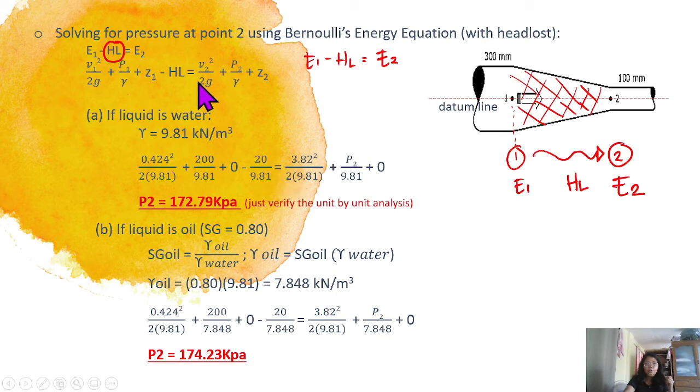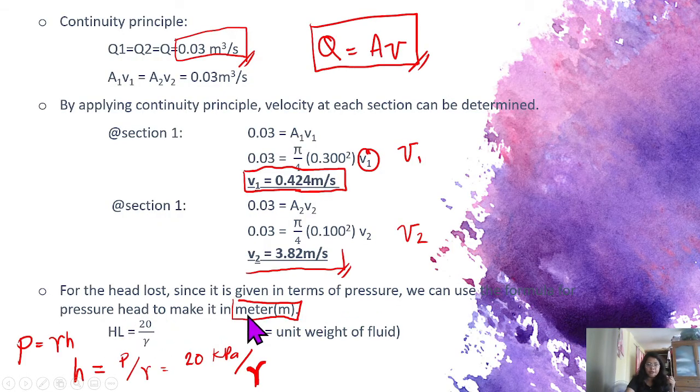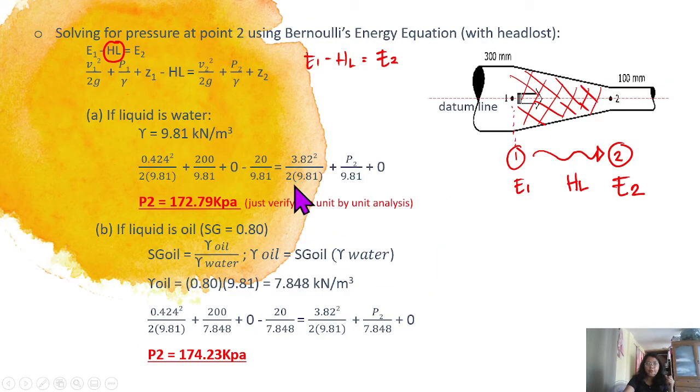So 20 over 9.81, since what we are getting is head loss in terms of meter, that is 20 over gamma. So 20 over 9.81 is equal to, let's go to point 2. The velocity at point 2 is 3.82 squared over 2 times 9.81 meter per second squared to represent the acceleration due to gravity, g, plus P2 is missing, that is what we are looking for.